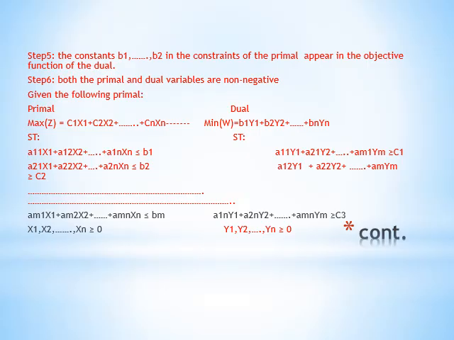Now, last remark: the inequality of the constraint, or the sign of inequality of the primal, will be changed from less or equal to greater or equal, as mentioned before.